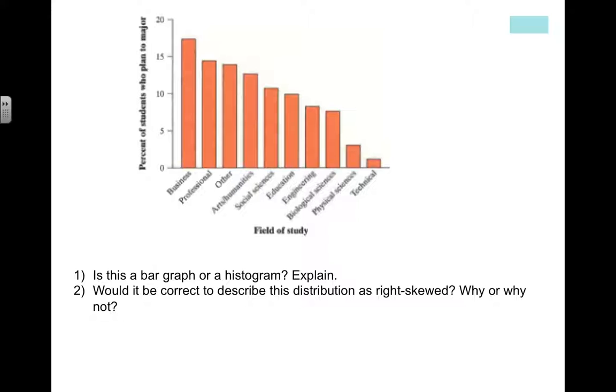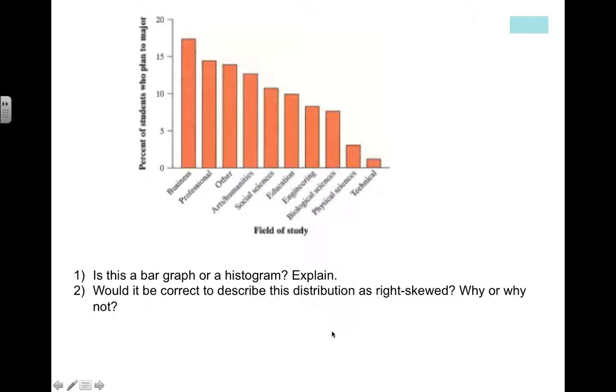Well, a few different things, but the obvious would be that you have categories down here. They are all spaced out. So we're looking at a bar graph here. I feel like the biggest way to see that is these are categories here. So for sure, categorical data, it can't be a histogram. It's a bar graph.